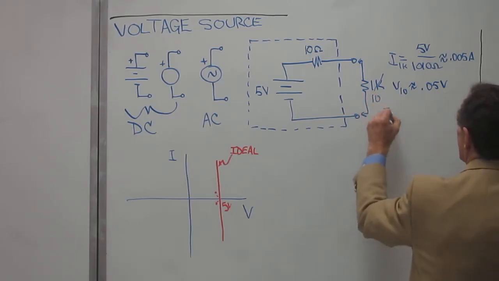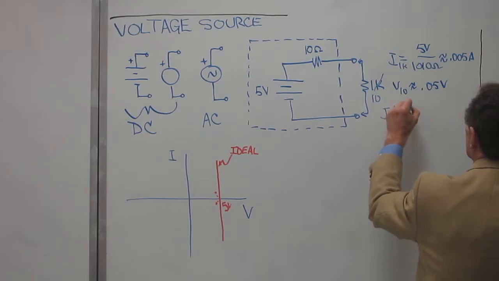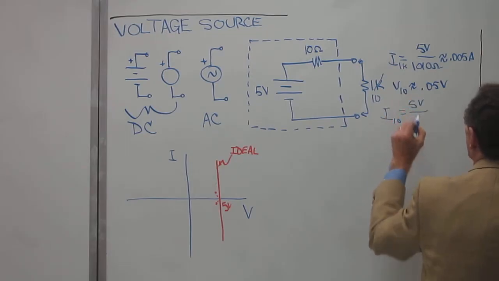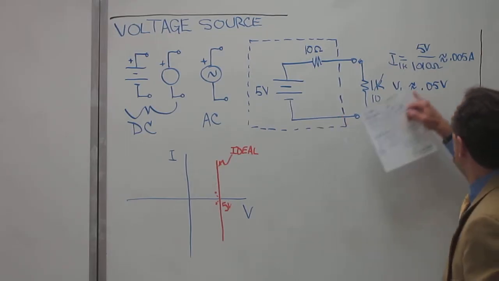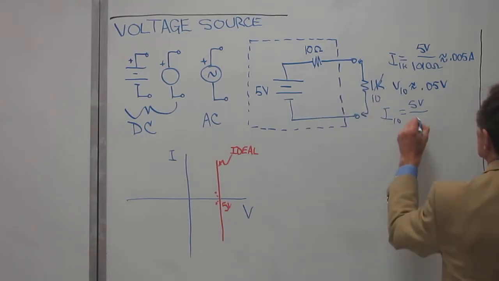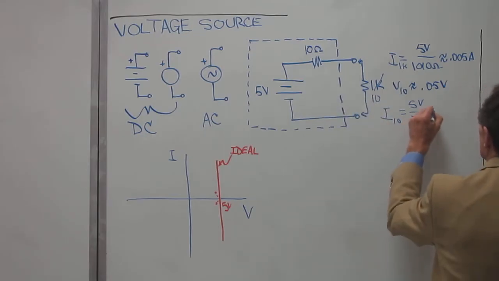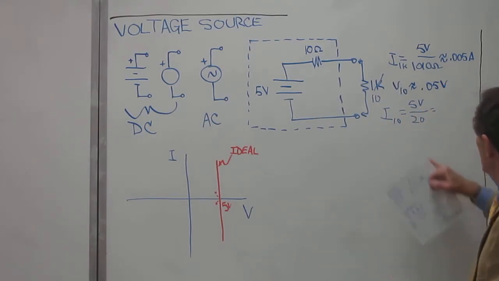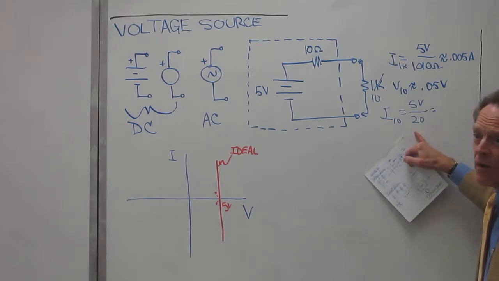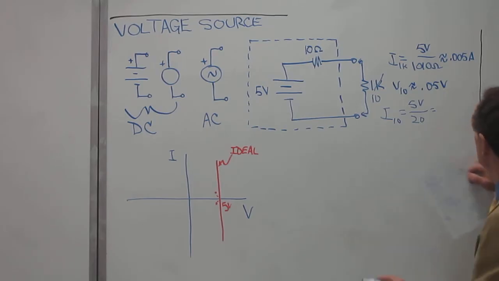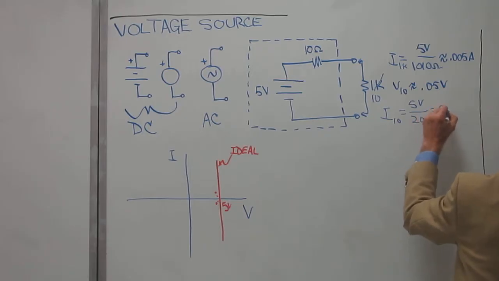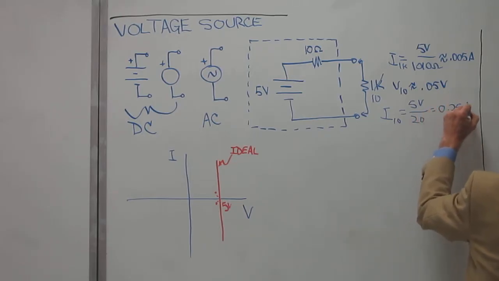So now the I for 10 ohms will be 5 volts over the sum of these two resistors, which is 20. Well, 5 over 20 is 0.25, right? So now we're having 0.25 amps.